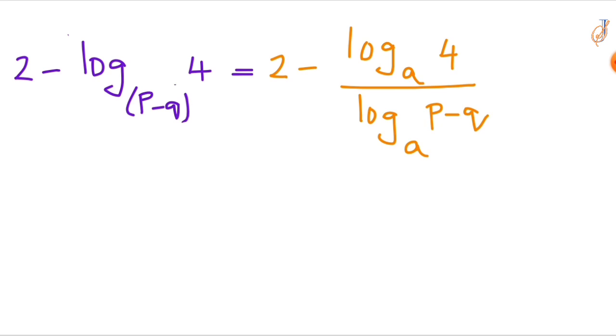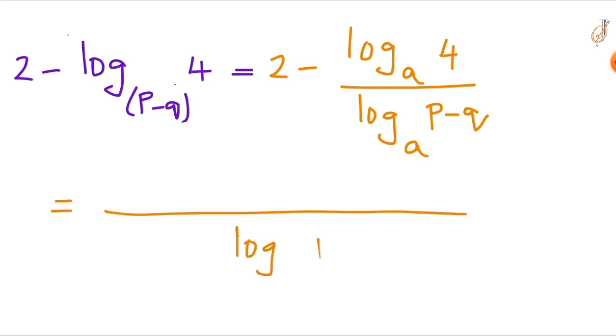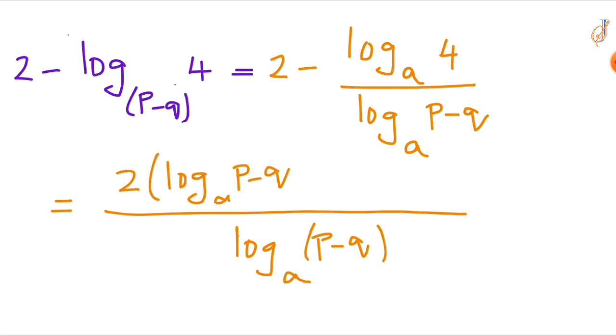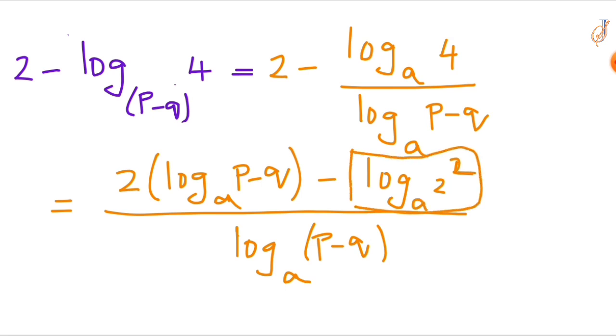Now again do the LCM here. In the denominator we have log_a(p − q). In the numerator you will get 2 log_a(p − q) minus log_a 4, which we can write as log_a 2². Now observe this term. We can use one more logarithm property: log of a^m can be written as m times log a.